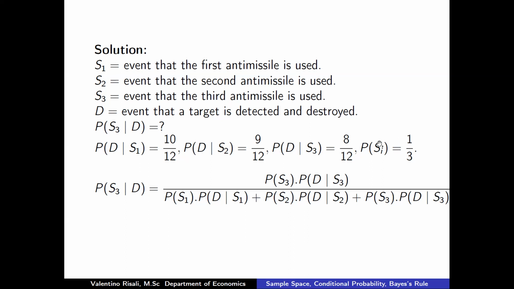And for the final one, the probability of Si is equal to 1/3, because they are equally likely to be used. After that, you can substitute into this formula and compute the final answer. In conclusion, the creation of the partition is an important thing in this problem.